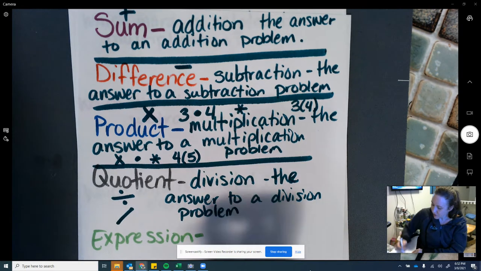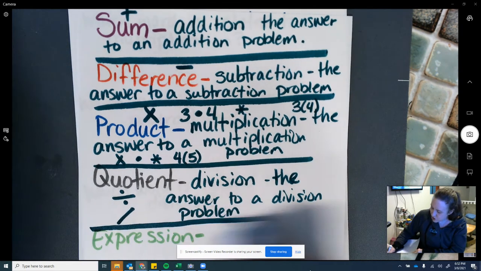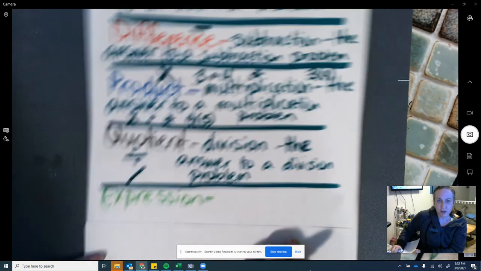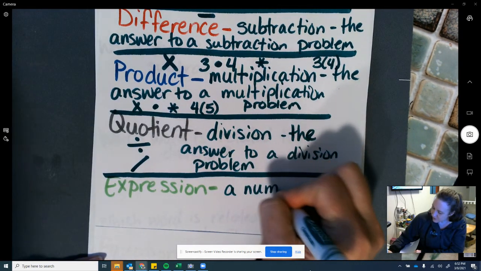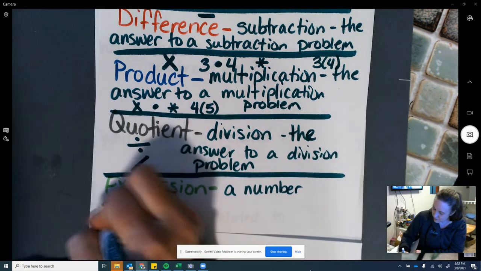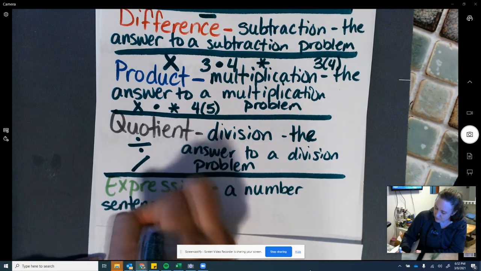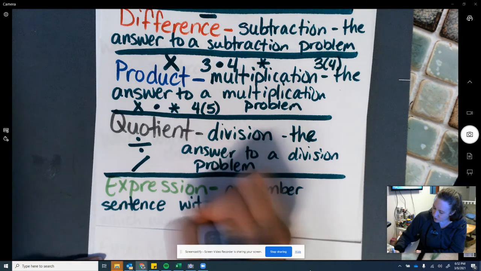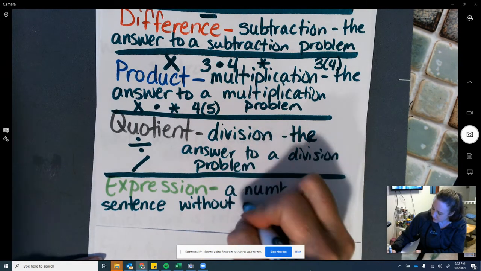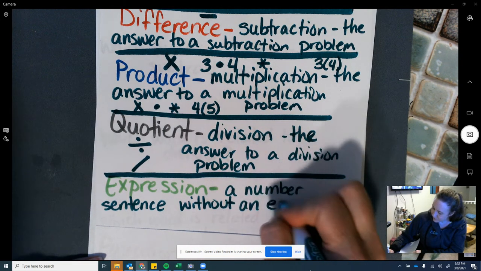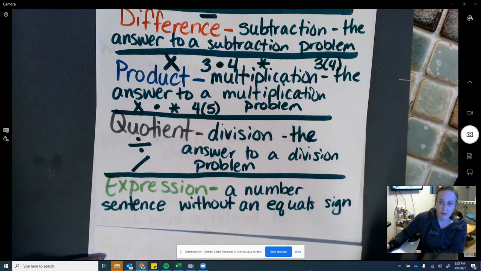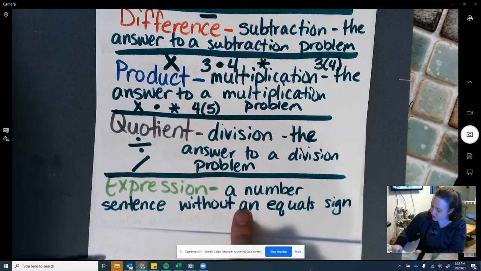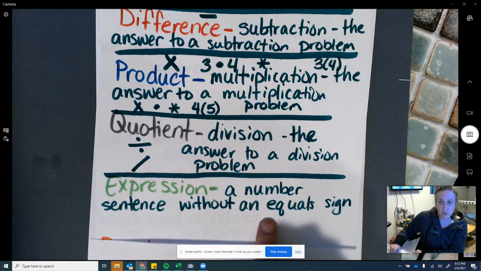All right, the next word is expression. Expression is a number sentence without an equal sign. Okay, so an expression is a number sentence without an equal sign.